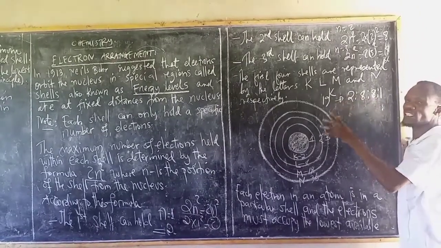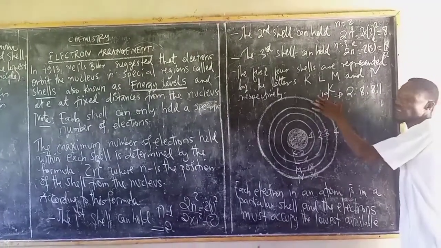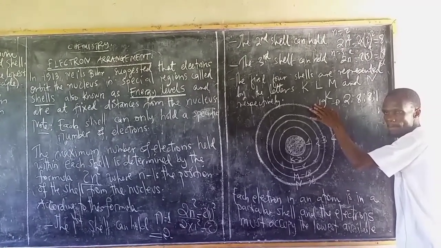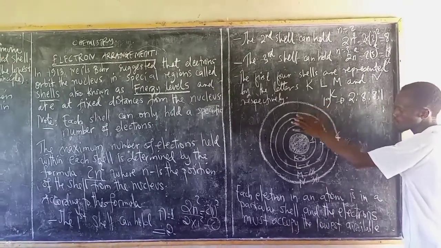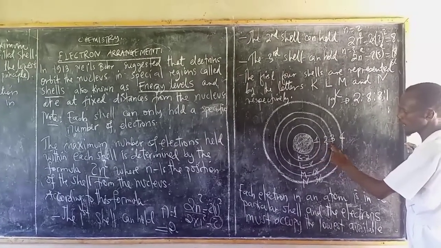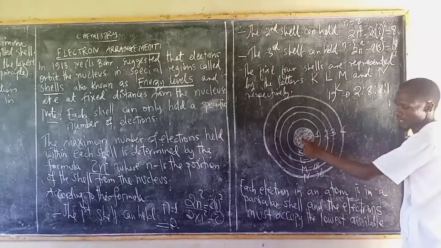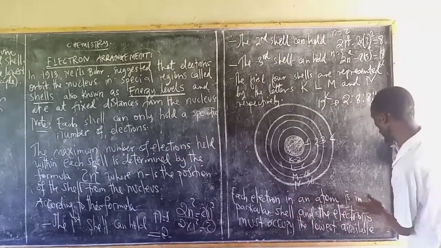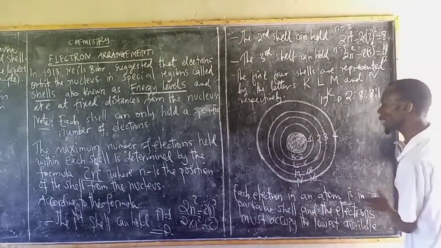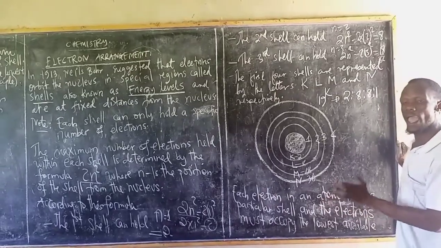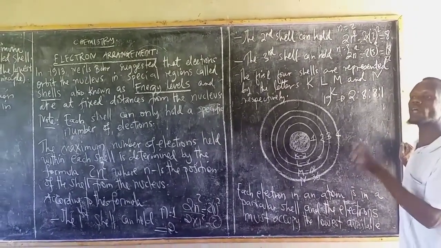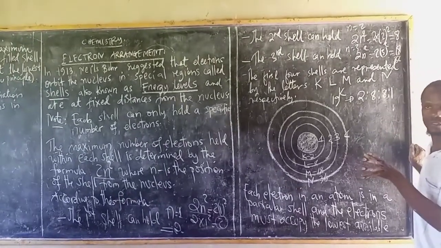This is how we write the electronic configuration. So electronic configuration is written from the number of electrons that we are having. Are we together? That is why you can see first, second, third, and fourth. This is the nucleus. Each electron in an atom is in a particular shell. Every electron must be in a particular shell. We don't have random electrons.